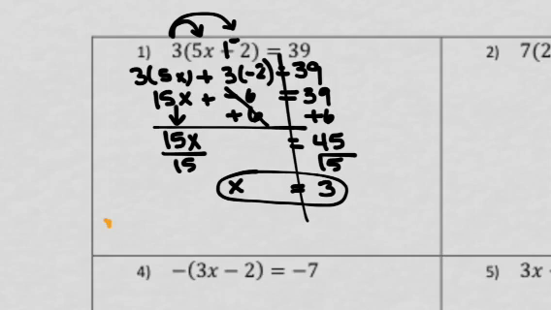In my calculator, I would check it by doing 3 parentheses, 5 times 3 minus 2, and I want to make sure that the calculator says that that equals 39. Alright, let's move on to number 2.